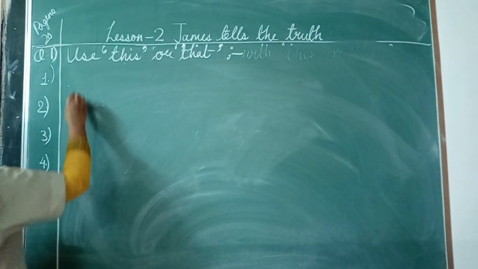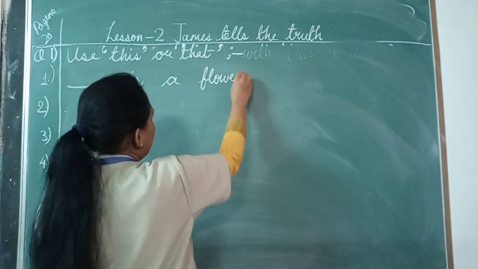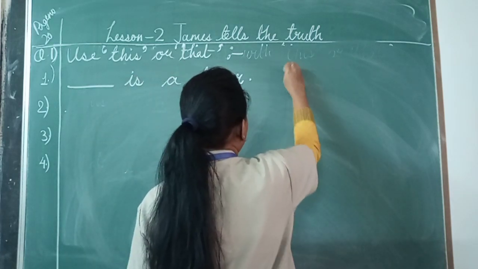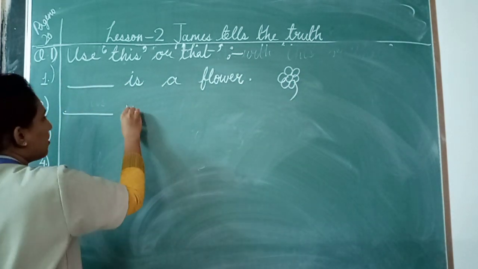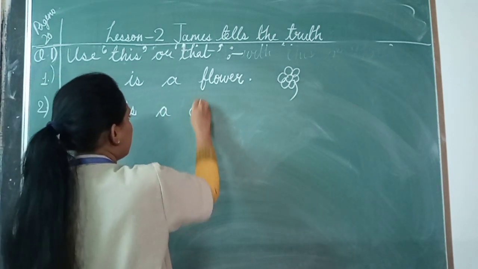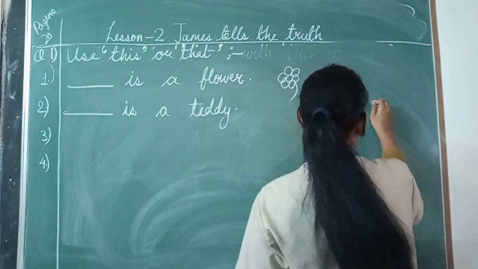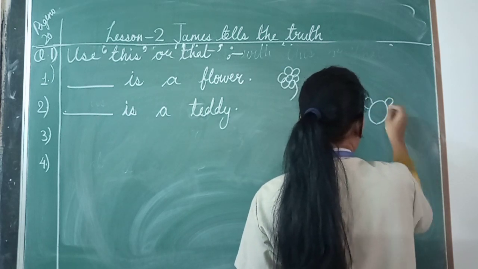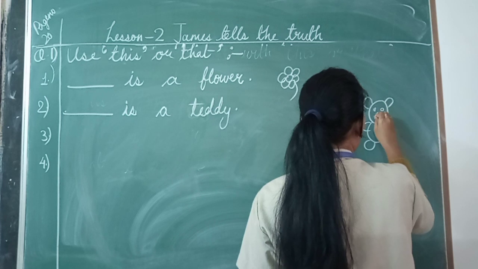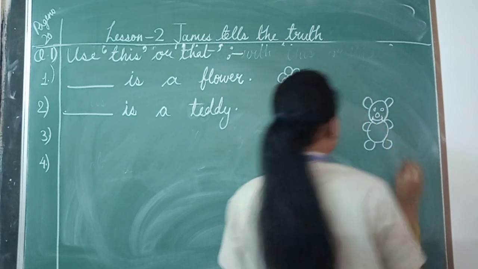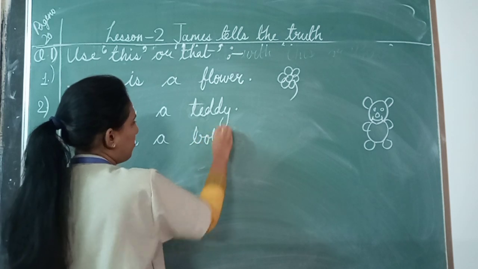Blank is a flower. Next, blank is a teddy. The next one, a bottle.